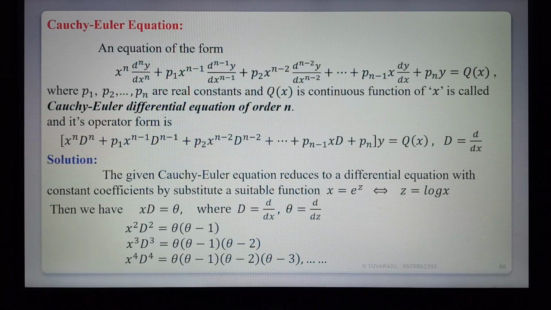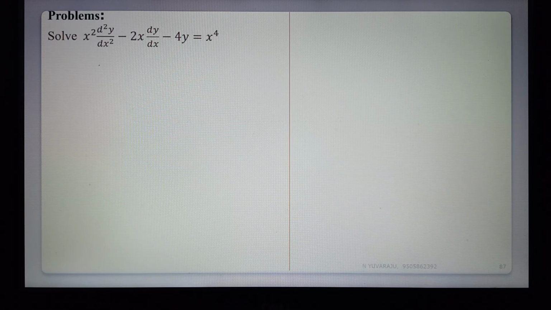Now we have to see an example. See the first example here: x^2 d^2y/dx^2 minus 2x dy/dx minus 4y is equal to x^4.